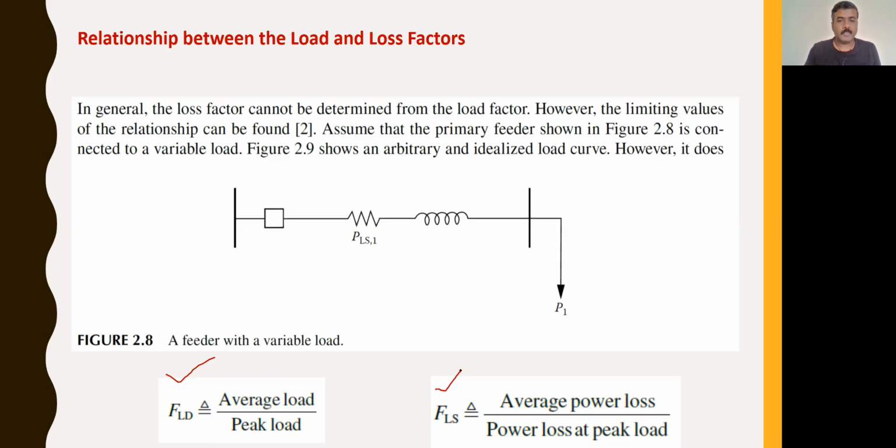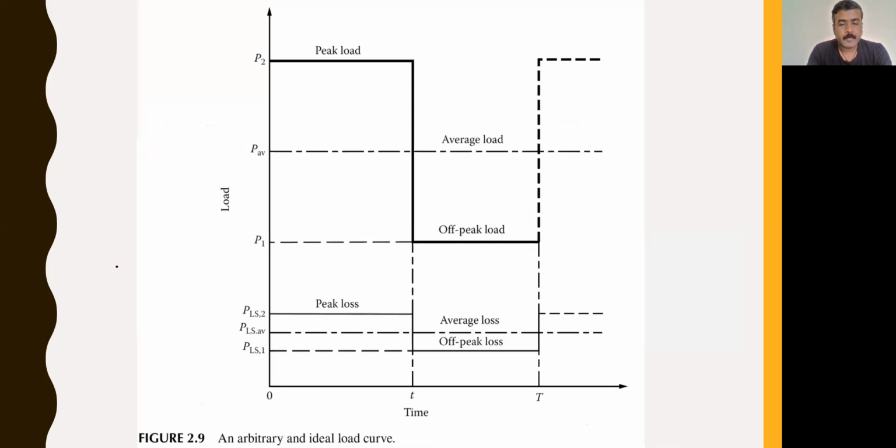Let us assume one primary feeder as shown in the figure, which is connected to a variable load P1, and let's see how this load curve can be observed.